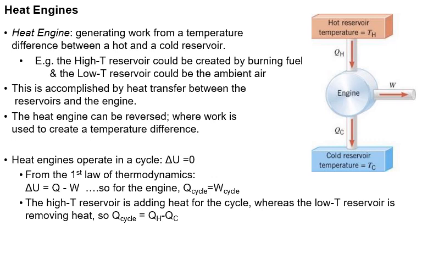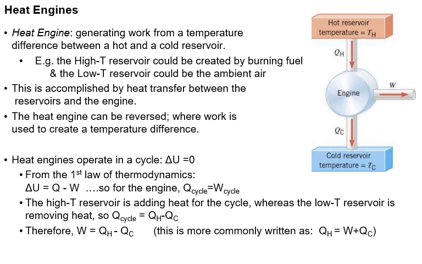So the net heat added to the system is the heat flow from the high temperature reservoir minus the heat flow to the low temperature reservoir, Q sub H minus Q sub C. Therefore, the work done by our engine is the heat flow from the high temperature reservoir to the engine minus the heat flow from the engine to the low temperature reservoir. Okay, so the work is Q sub H minus Q sub C.